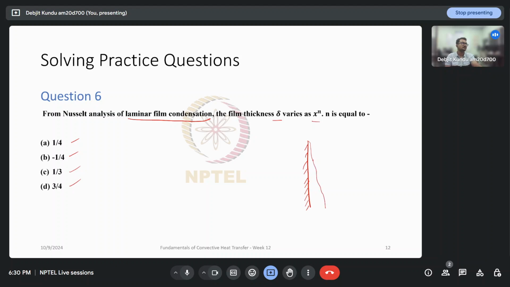So we had sort of a boundary layer forming like this. Let me draw a smoother curve, something like this. So let's say if this was x and this thickness was delta, the delta varied as a function of x. You needed to find this index n, like with what rate did it grow?